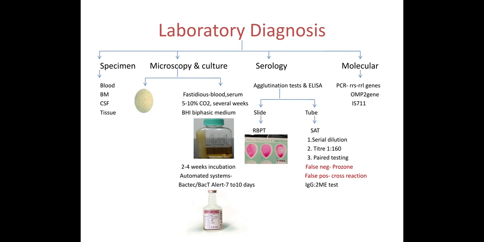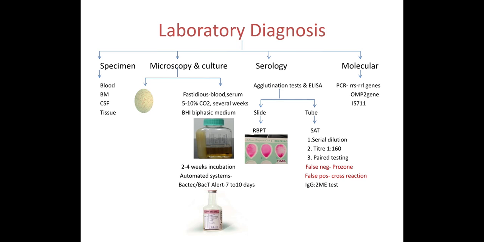By using this biphasic medium, we prevent that repeated opening of the blood culture bottle. In that way we are preventing exposure of the laboratory personnel who work on brucellosis, because when we use biphasic medium, we just have to tilt the broth over to the solid agar medium in the same bottle.